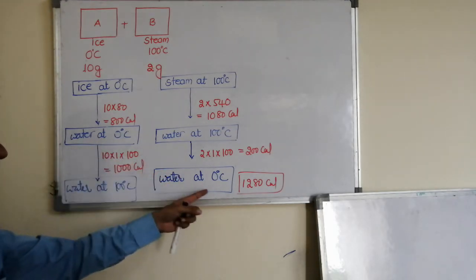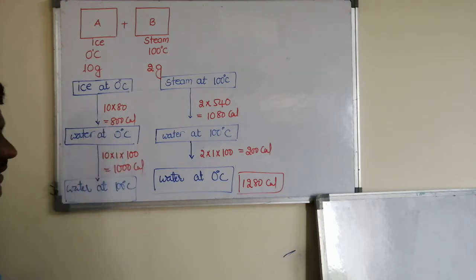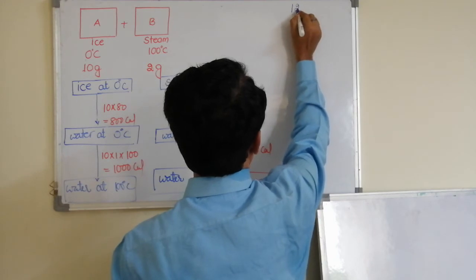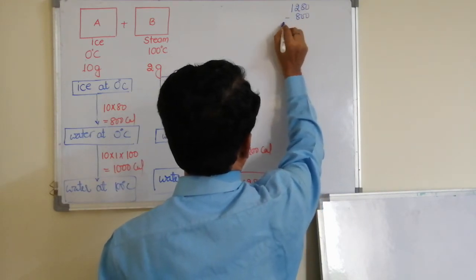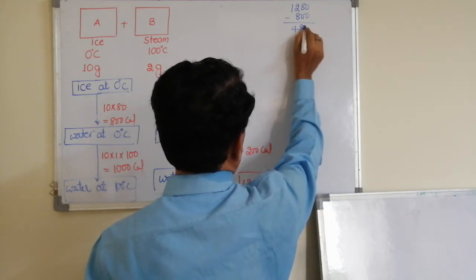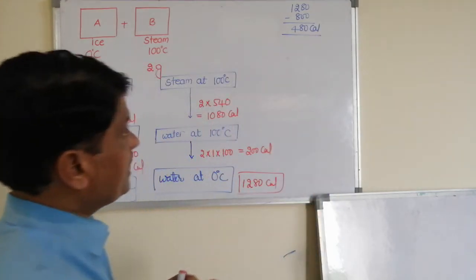Okay, out of this 1280, now remove 800. If I remove 800, 1280 minus 800, probably it is 480 calorie. Okay, 480 calorie. Is it right?